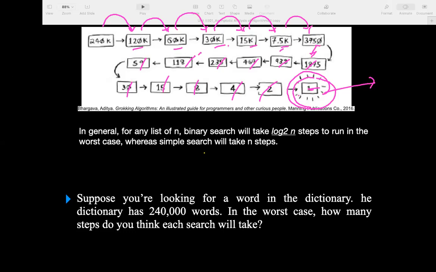So one of the answers was 240,000. That answer is wrong because we have specifically said that we are going to use a dictionary, and dictionaries are always sorted. Now this is wrong, but at the same time this answer could have been right also.